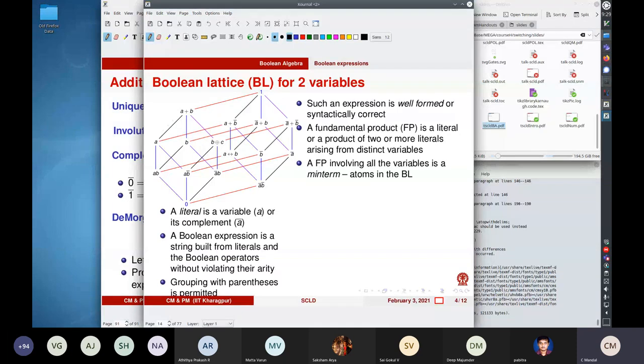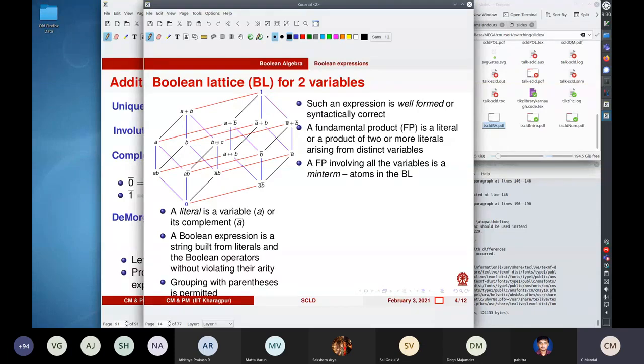So these expressions which you see over here, you might have heard of the term min term. These min terms are the atoms in a Boolean lattice. And not surprisingly, all elements in a Boolean lattice can be expressed as an irredundant, irreducible sum of the min terms. Okay.